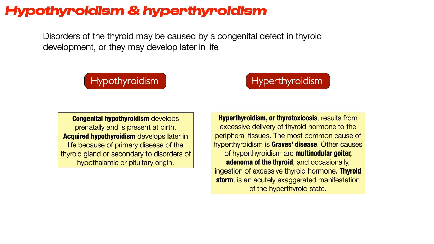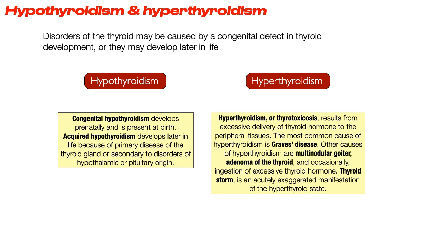So, in relation with the dysfunction of the thyroid hormones, you can suffer hypothyroidism or hyperthyroidism. Hypothyroidism may be congenital or acquired due to primary pathology of the thyroid gland, or it can be secondary to hypothalamic and pituitary problems.